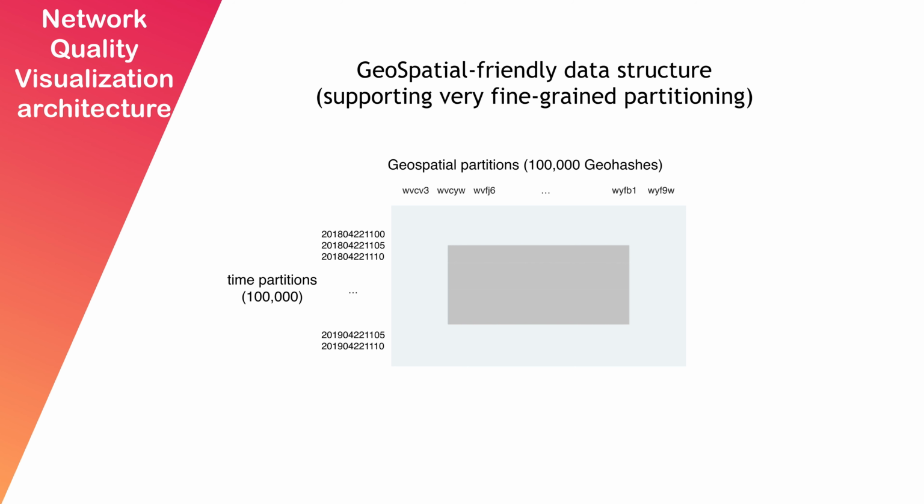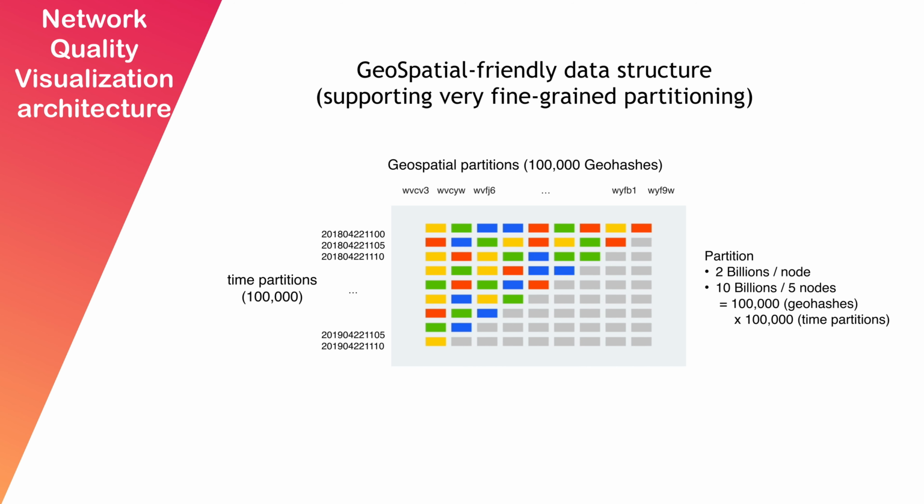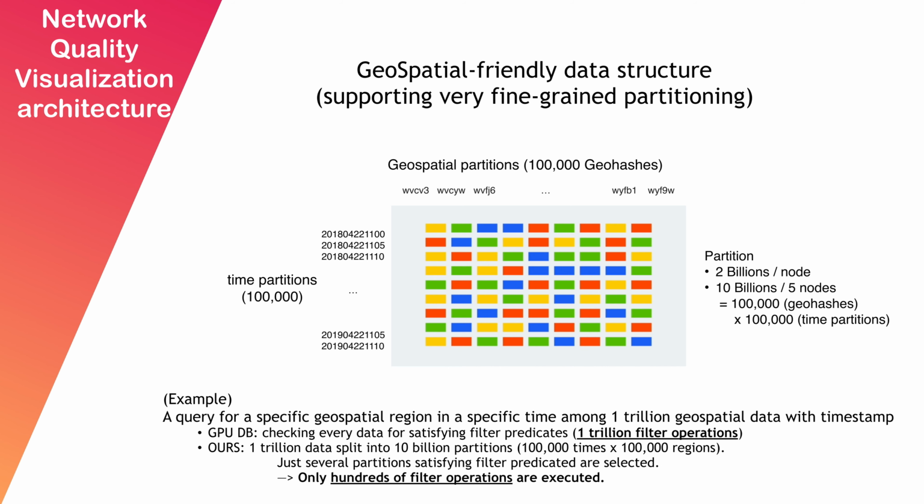We support a geospatial-friendly data structure in order to reduce execution time for filter operations. For example, if there is a query for a specific geospatial region in a specific time among 1 trillion geospatial data with timestamps, with a GPU data-based DB, 1 trillion filter operations will be executed to check every data for satisfying filter predicates.